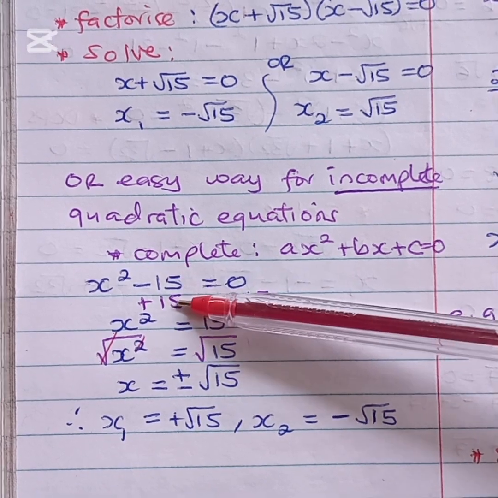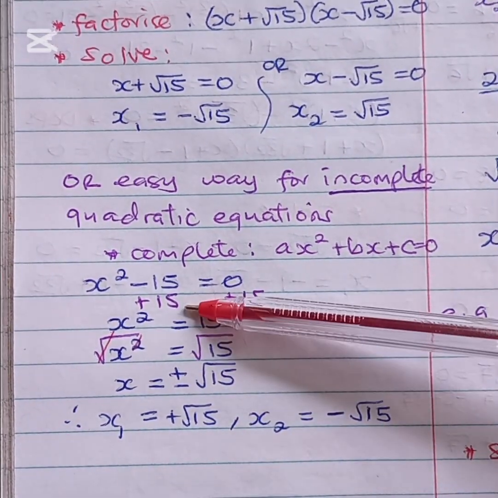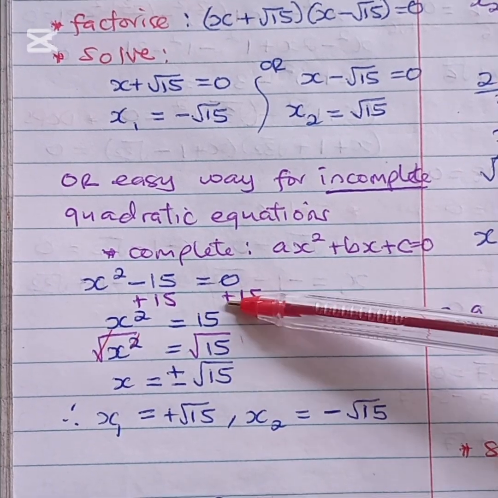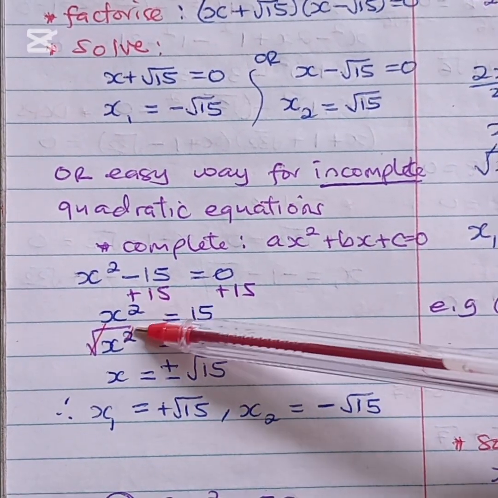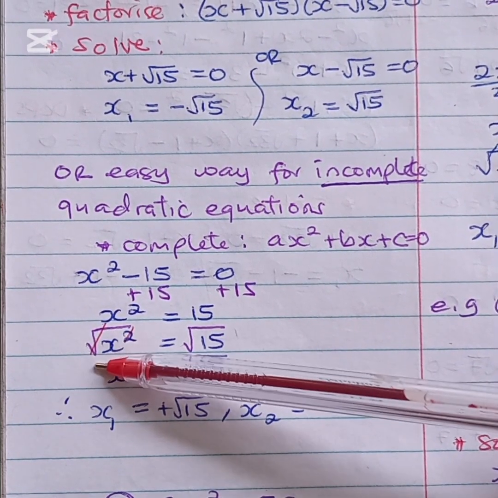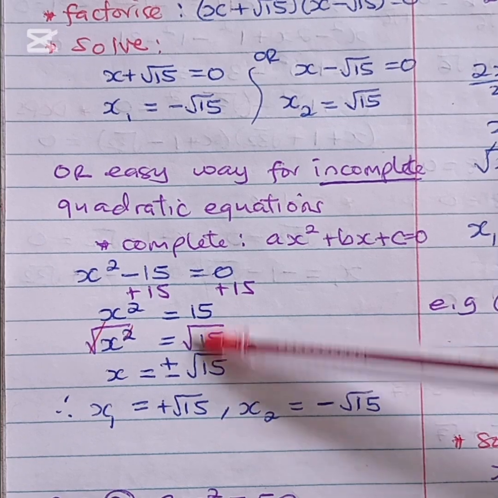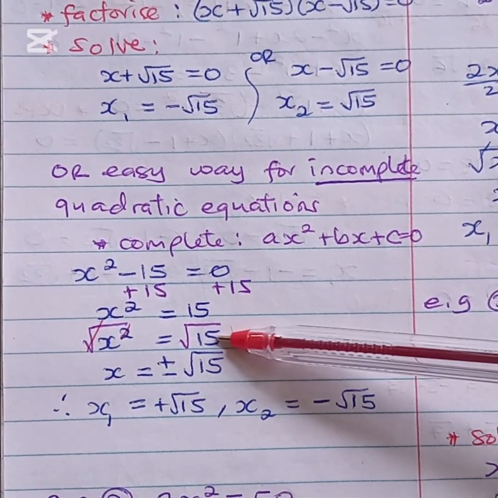X squared minus 15. You solve it like a normal linear equation. We add 15 on both sides to bring 15 over. And to remove the power of 2, making x the subject, we take the opposite of squaring, which is square root, on both sides. So x is equals to positive and negative square root of 15.